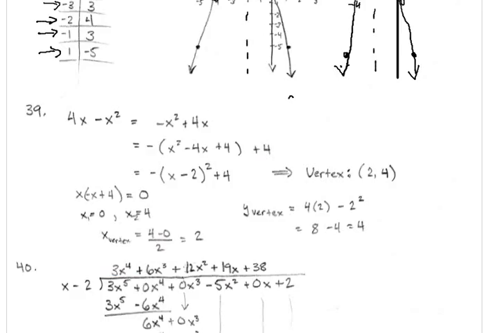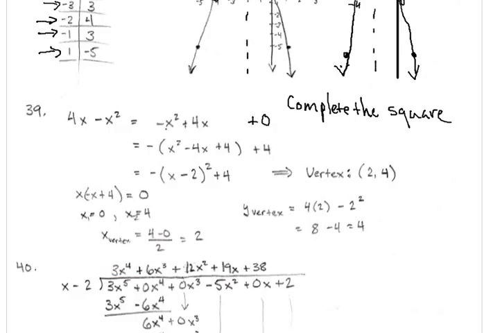Okay, so to do this, you need to know how to complete the square. One way that you do that is you rewrite it as negative x squared plus 4x plus whatever your constant is. In our case, it's plus 0.